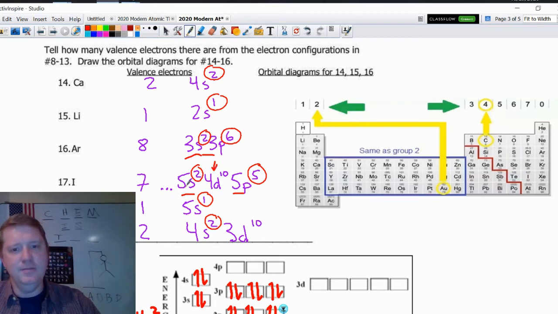Like iodine is 5s2 and 5p5 on the highest level or valence shell. Another way you can figure out the valence electrons is counting. I'm pretty sure you can count. Here's iodine right here. And if you count 1, 2, 3, 4, 5, 6, 7, you can see how many valence electrons it has just by counting. So check out the other answers.